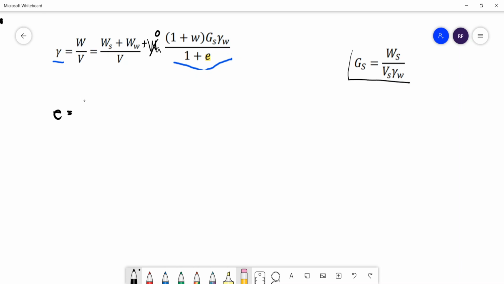That is e equal to the total volume of your voids, Vv, all over the total volume of your soil solids. And remember na yung total volume is equal to the total volume of your voids plus the total volume of your soil solids.